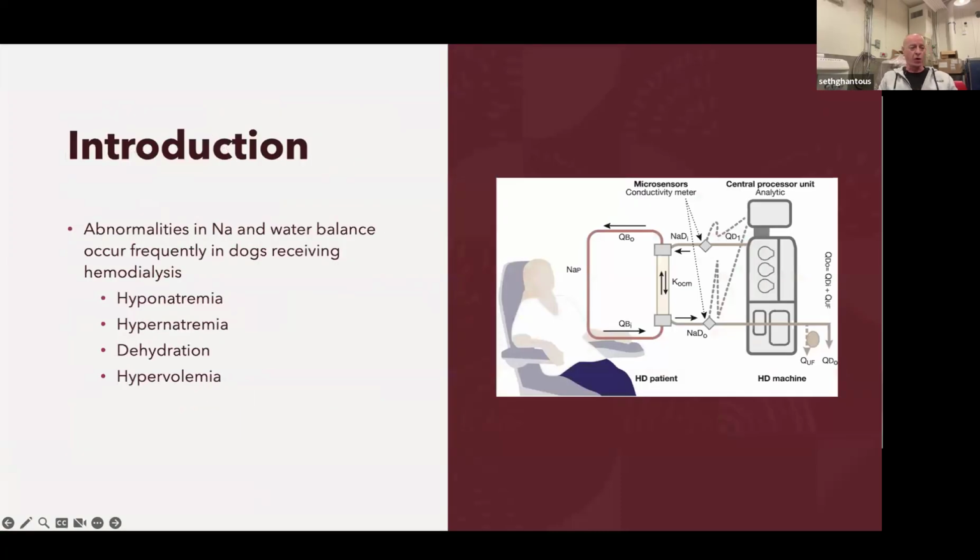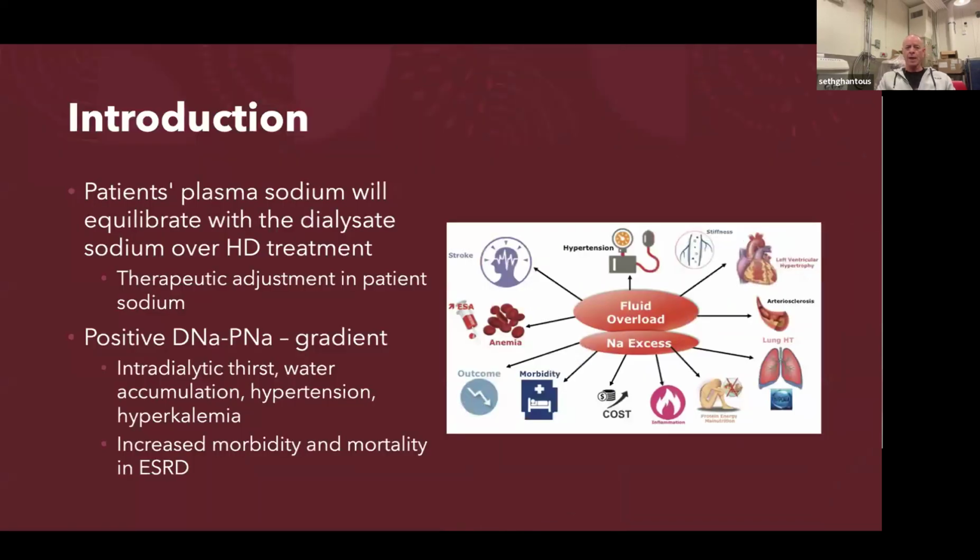For those who don't do dialysis, there are a lot of abnormalities in sodium and water balance that occur frequently in dogs having hemodialysis. They could range from hyponatremia to hypernatremia, and of course water balances from being dehydrated to, as we frequently find them, hypervolemic.